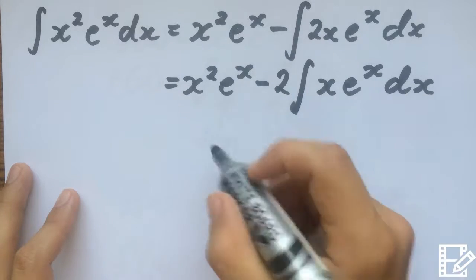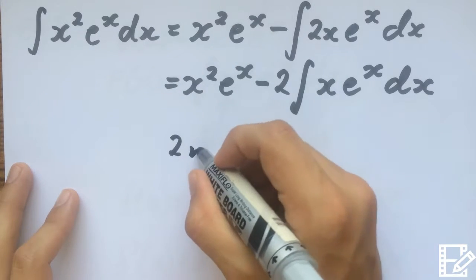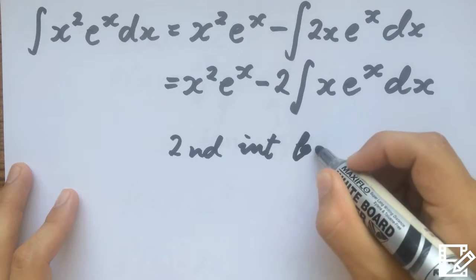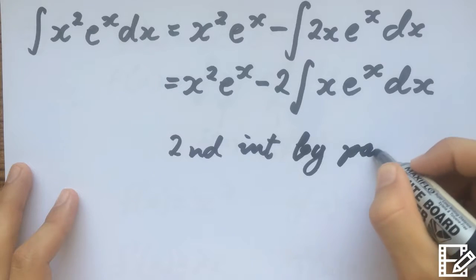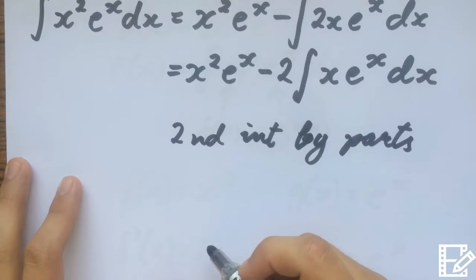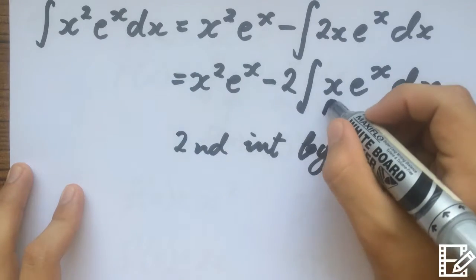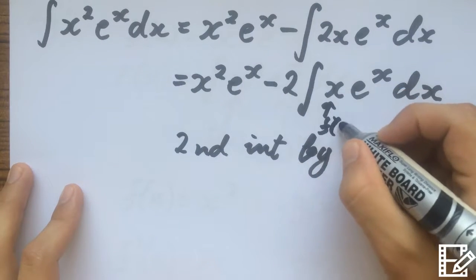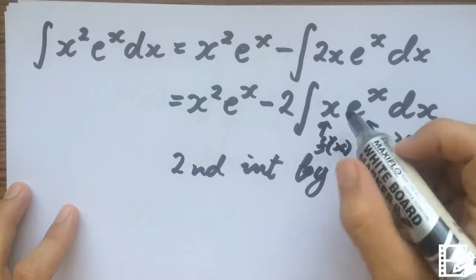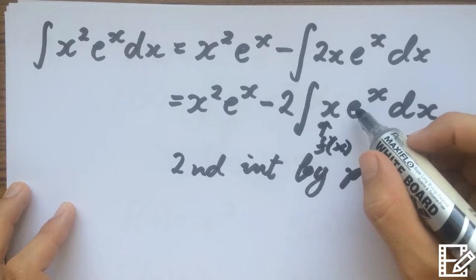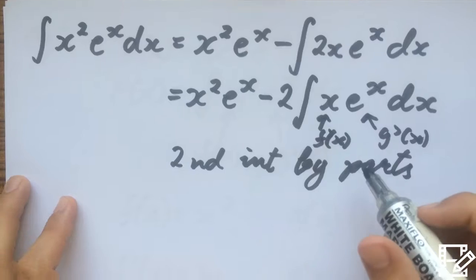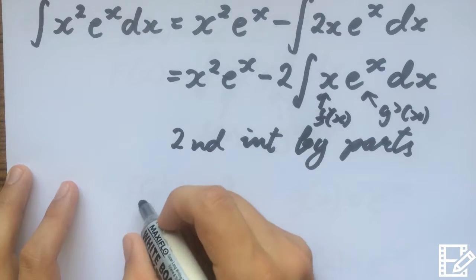So you'd have to find the integral again. You'd usually say second integration by parts, and then you would do your second integration by parts. Now, we label this as f(x) because we did it in the last question, and we label this as g'(x), because this one simplifies when derived, and this one doesn't.